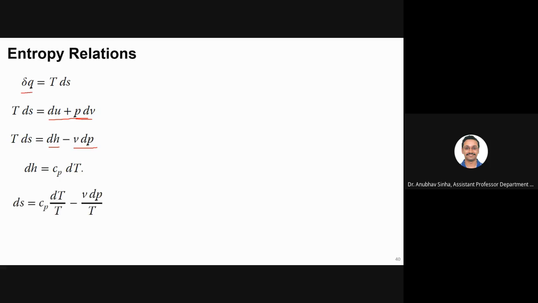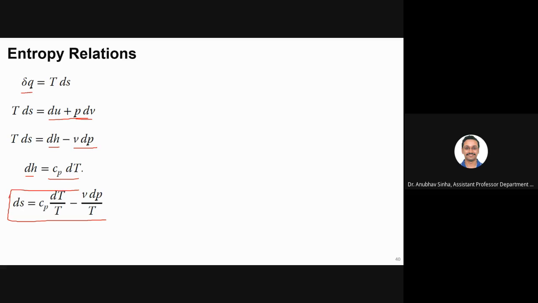So if I combine these two, I take T from the LHS to the RHS, it will divide. So ds will be equal to cpdt divided by T minus vdp divided by T. So this is one equation for ds.